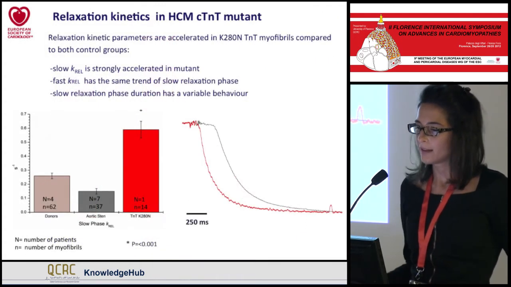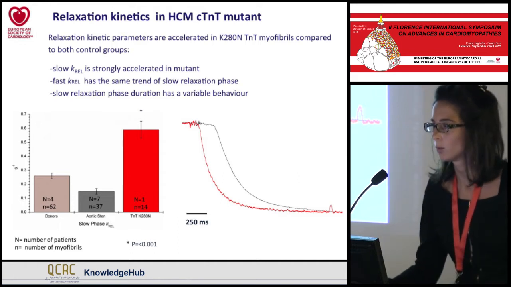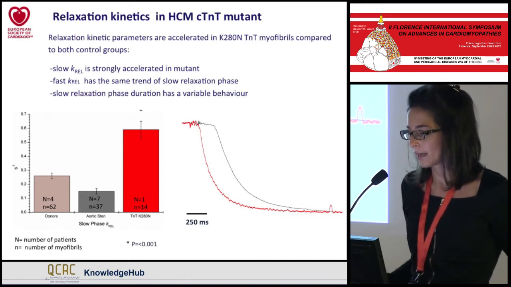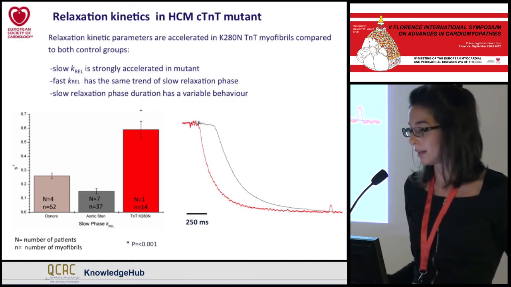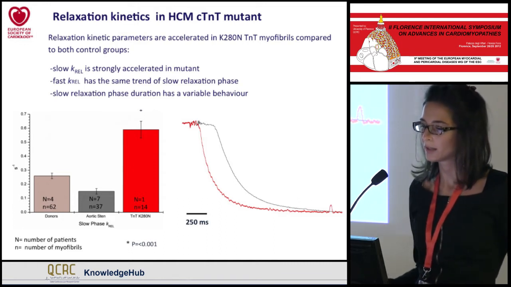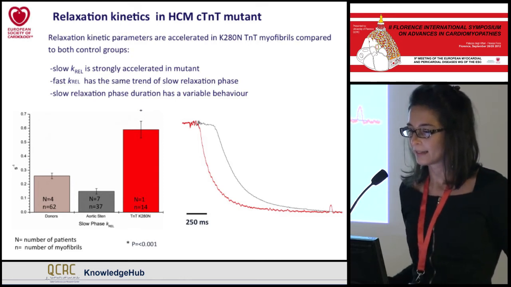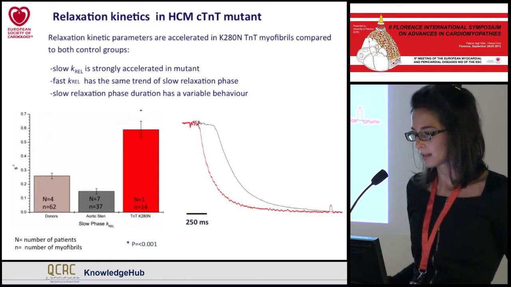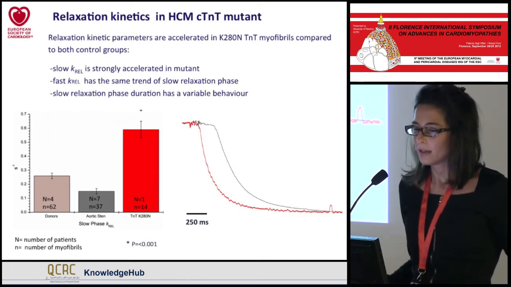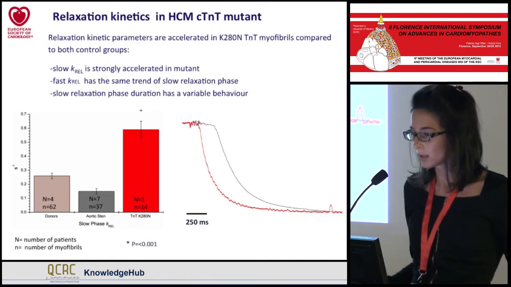Finally, we analyze the relaxation kinetics in this mutant. In general, we can see that all the relaxation kinetic parameters are accelerated in this mutant, compared to both control groups. But in particular, the kinetic parameter that characterizes the relaxation, also in this sample, is that the slow KRL is strongly accelerated in the mutant.